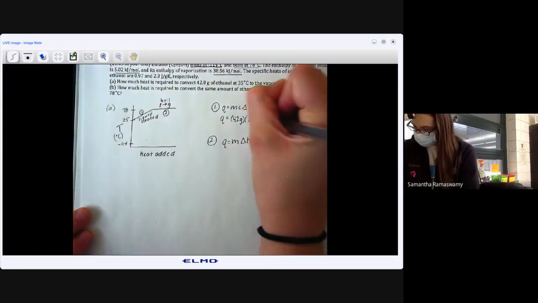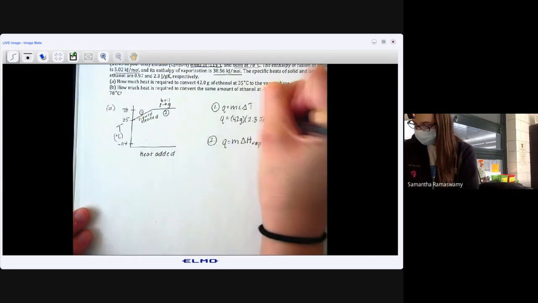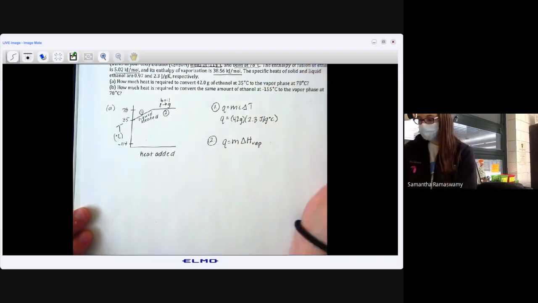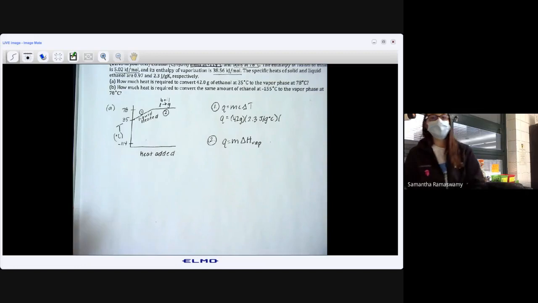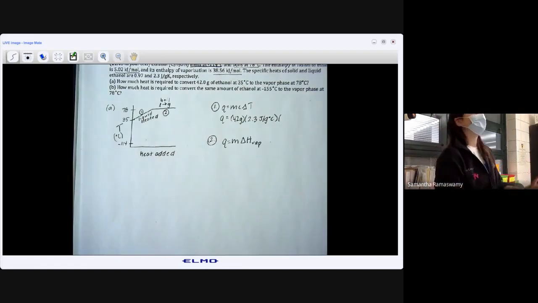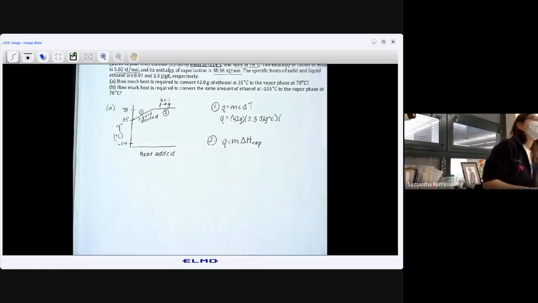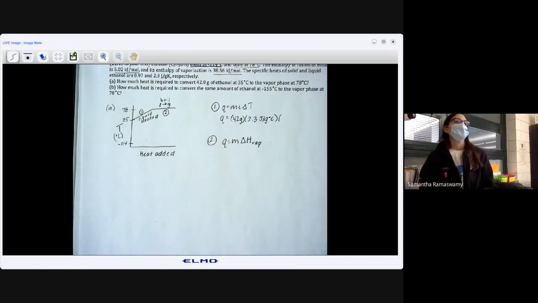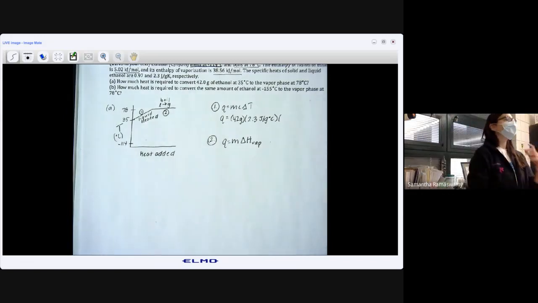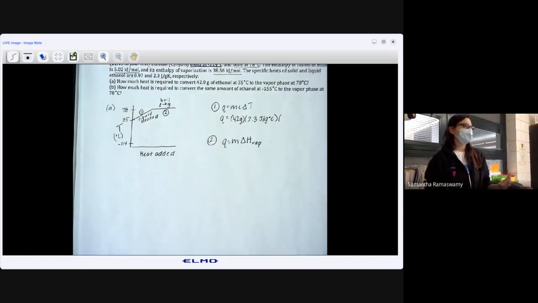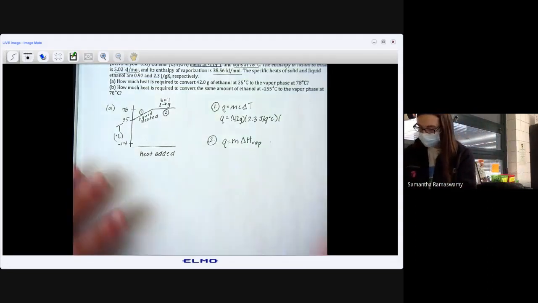So 2.3 joules per gram. Remember, joules per gram degree Celsius and joules per gram Kelvin is the same thing, because you have to always convert before you calculate delta T. So delta T will be the same no matter what. And then my delta T.